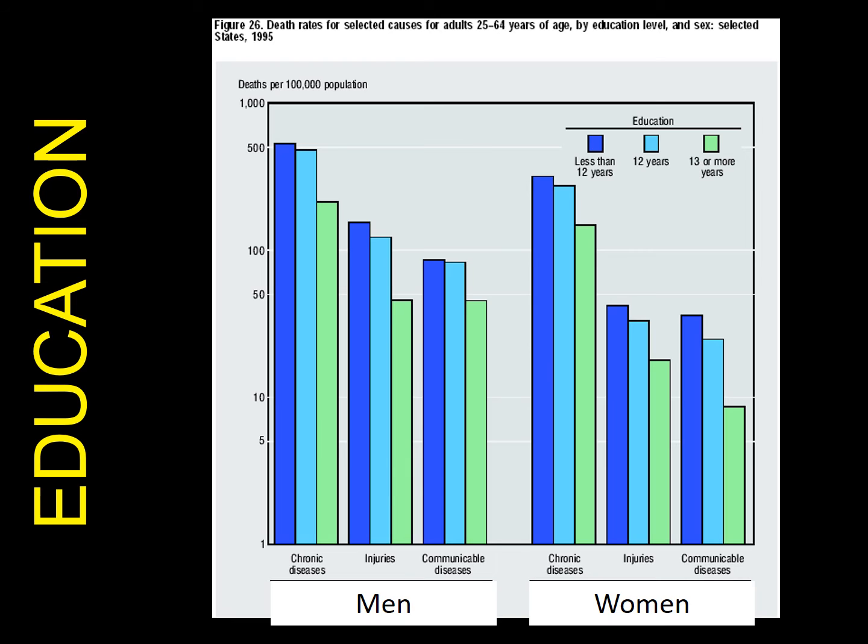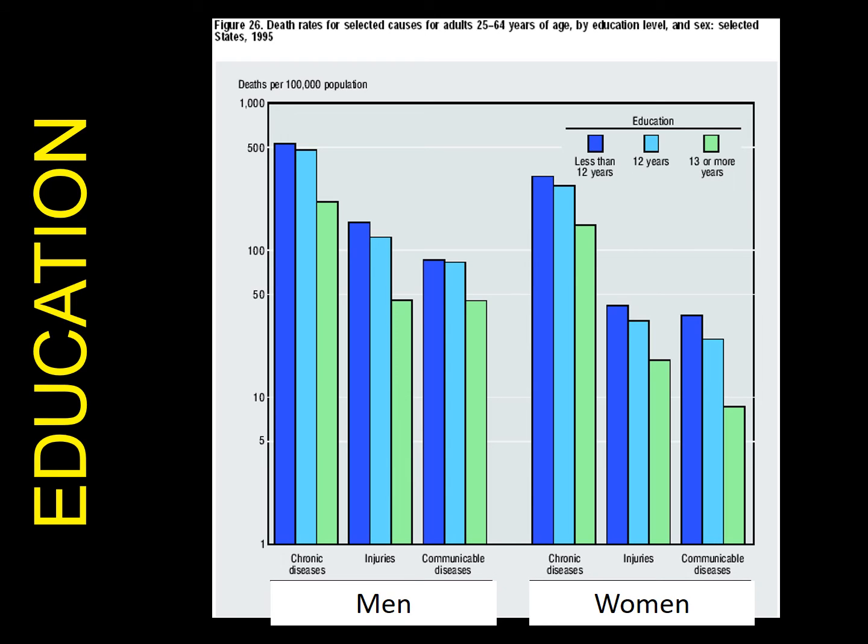And then within the sex, you can see different colored bars, and the different colored bars represent different levels of education. So the green bar, you're all in because you are attending college. So 13 or more years of education, that'd be like any education beyond high school.